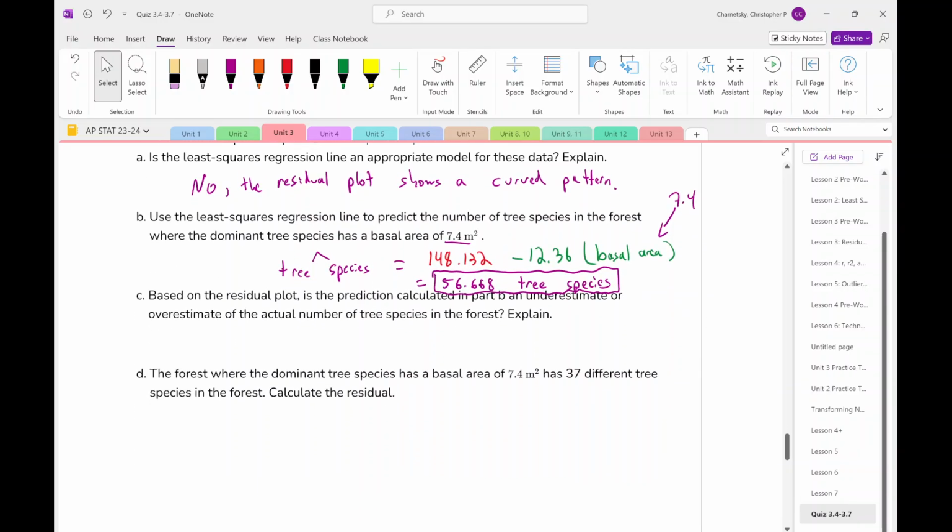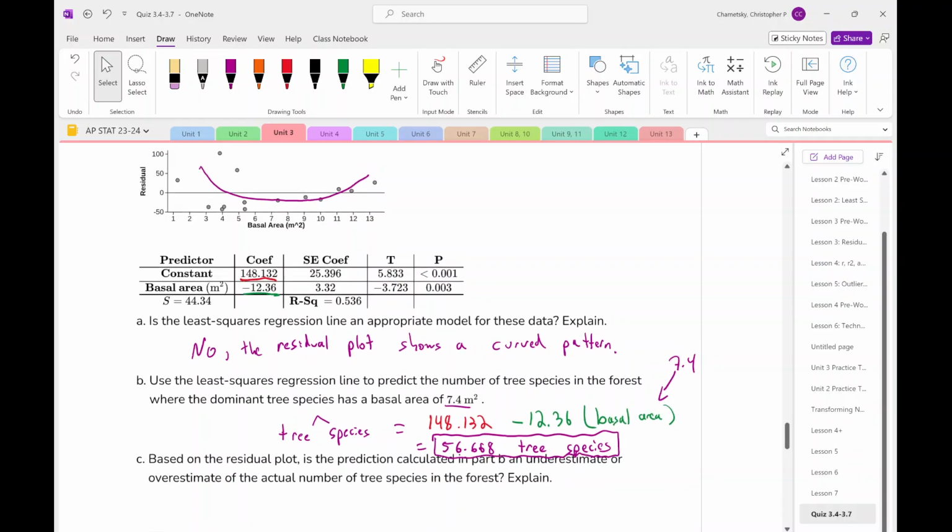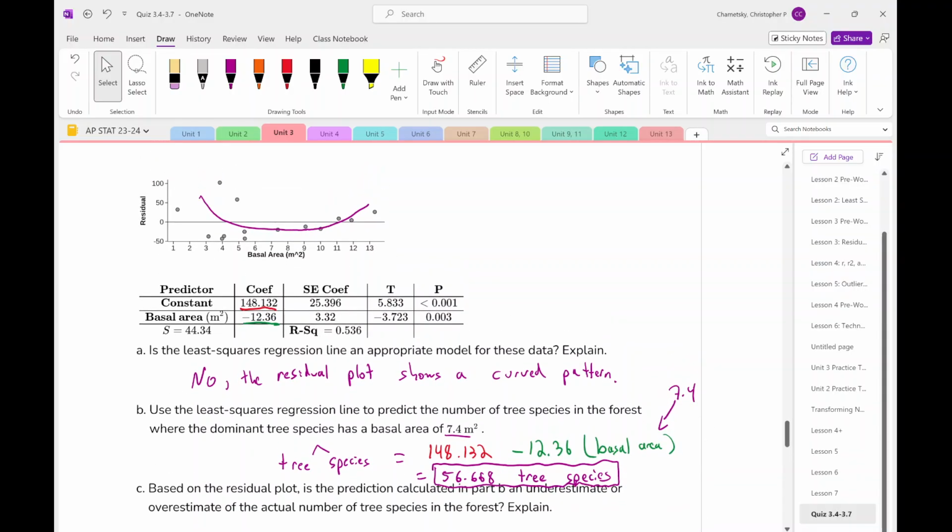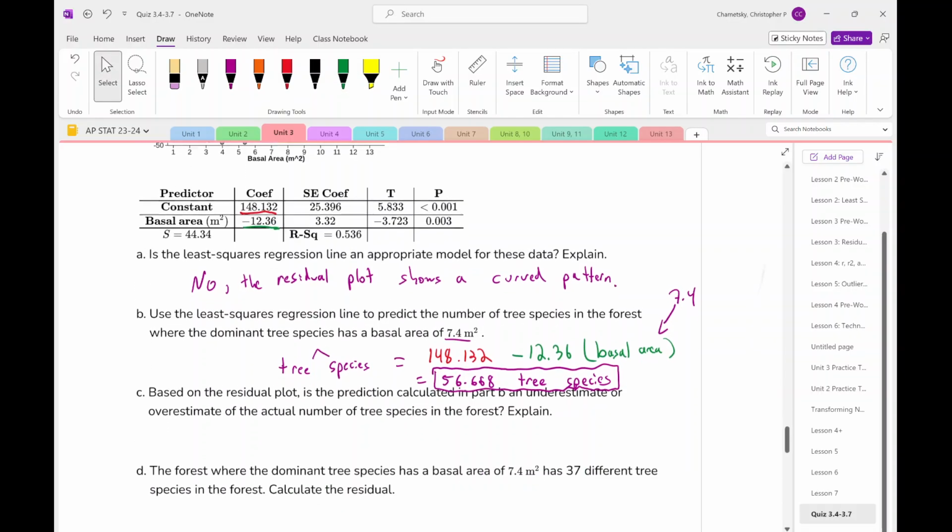All right, based on the residual plot, is this prediction calculated in part B an underestimate or an overestimate of the actual number of tree species? So looking at our plot here at 7.4, that is this point right here, and we can see that is under our prediction line. So the prediction line is an overestimate of our actual value.